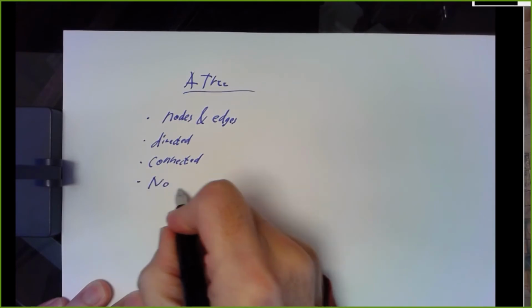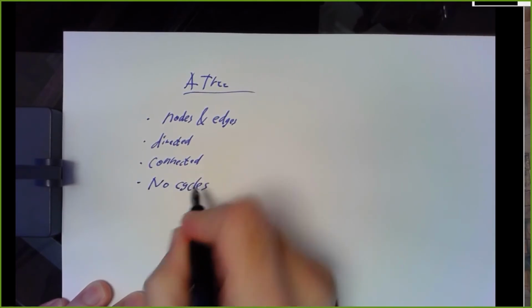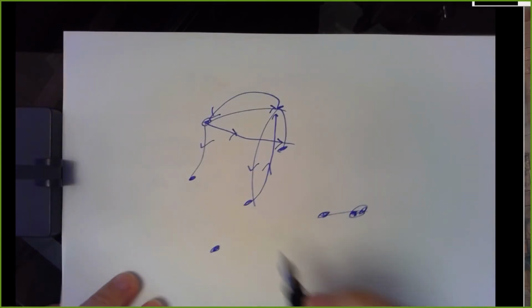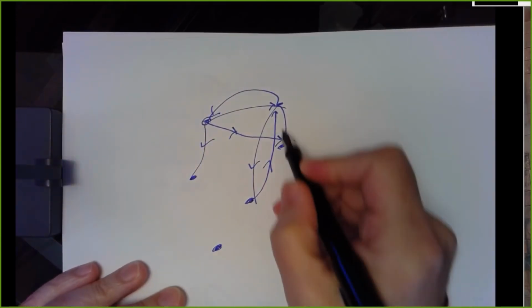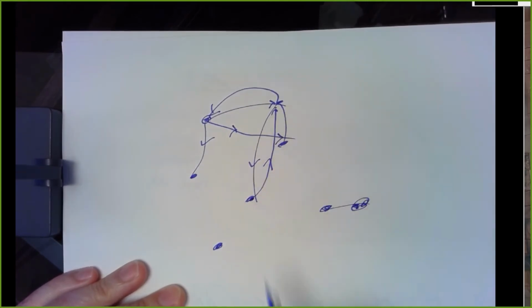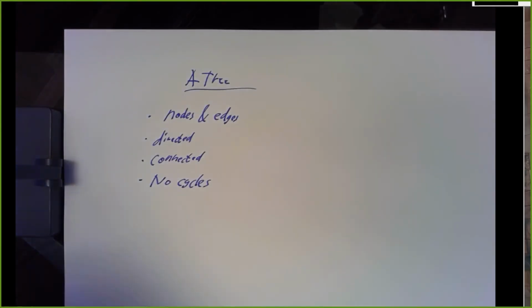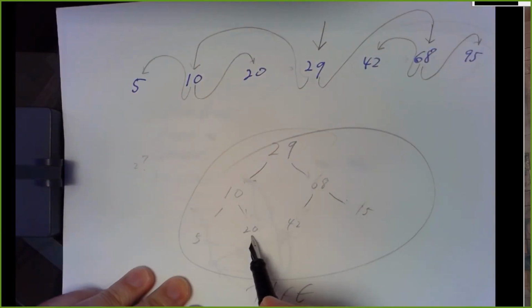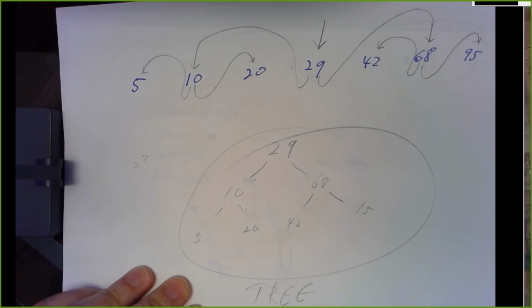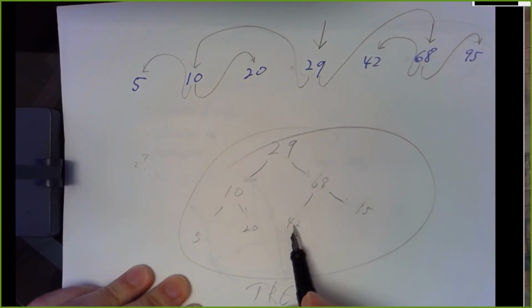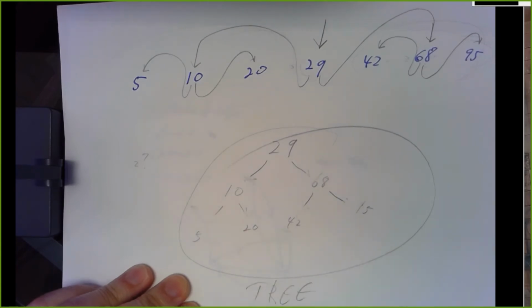Most importantly, we're not going to allow cycles. So here, for example, I can go from this node to that node and then back to this one. So I can keep repeating myself. I'm not going to allow that in graphs. We can go from a 29 to a 10 to a 20, but we can't go from the 20 back up to the 10. In fact, if I start at any node and I just follow a set of edges, I'll never get back to the node I started with.